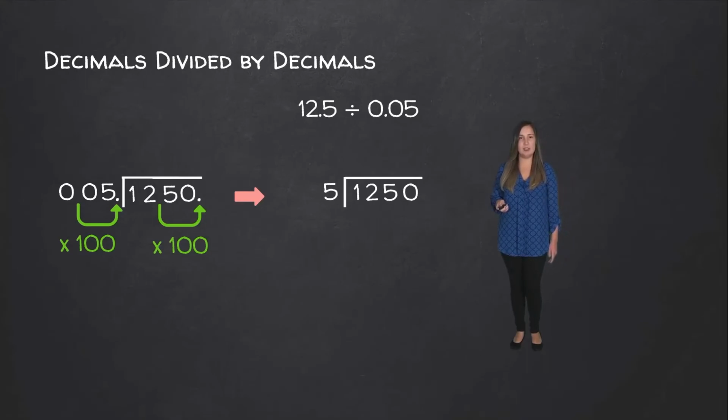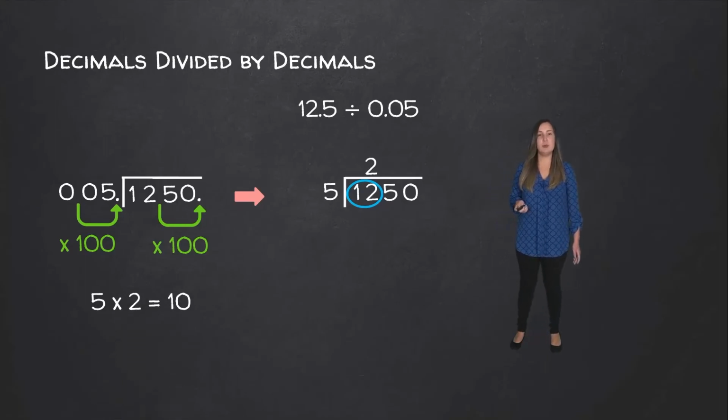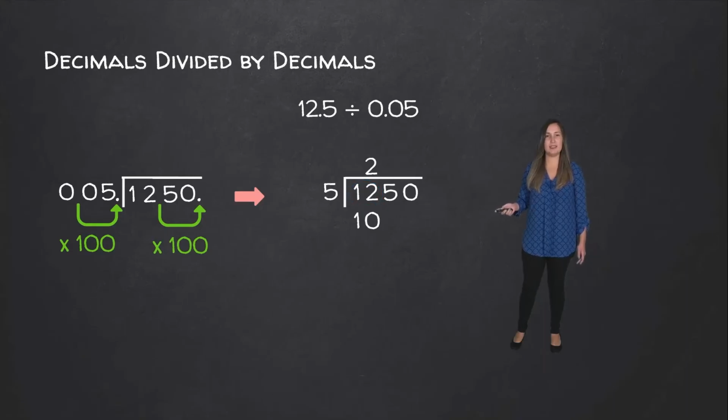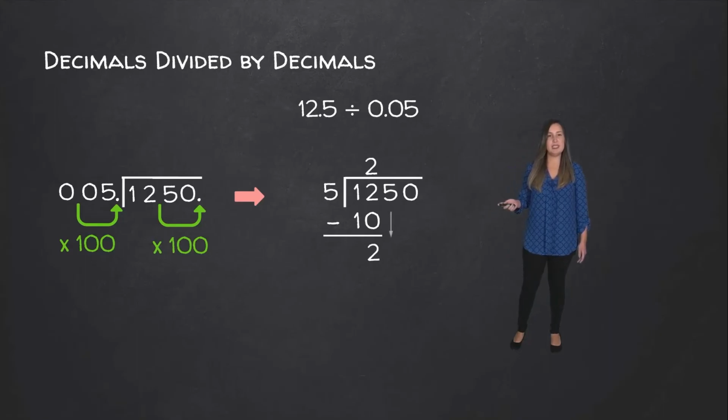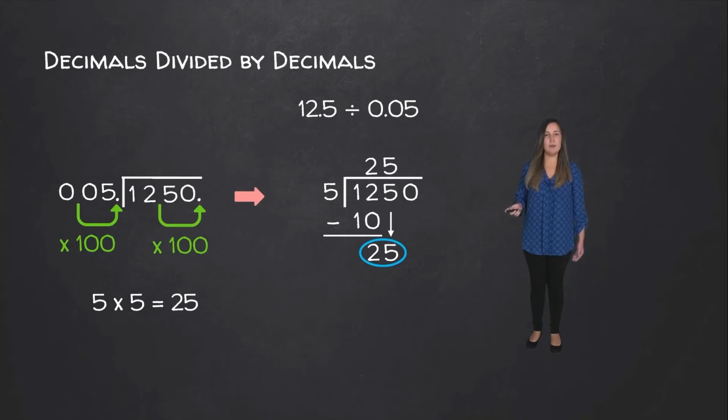So 5 doesn't go into 1, but it does go into 12 2 times, because 5 times 2 is equal to 10. And then we subtract. 12 minus 10 is equal to 2. And then we bring down our 5. How many times does 5 go into 25? Well, that would be 5, because 5 times 5 is equal to 25.